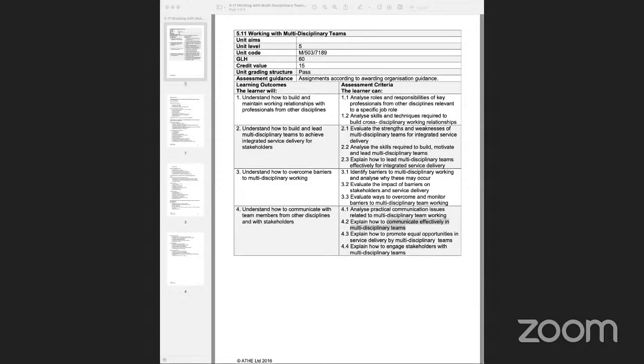The third learning outcome was focused on understanding barriers. What could be barriers in general? What are the obstacles and challenges which we face? And when we look at these barriers, what kind of barriers can crop up when we work within large teams? What could be the impact of these barriers?